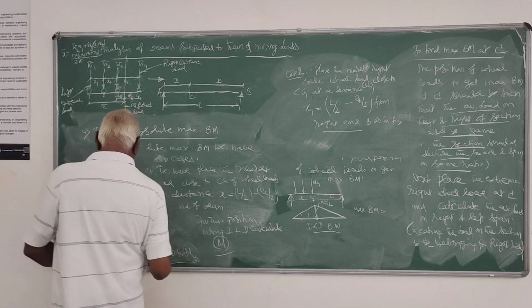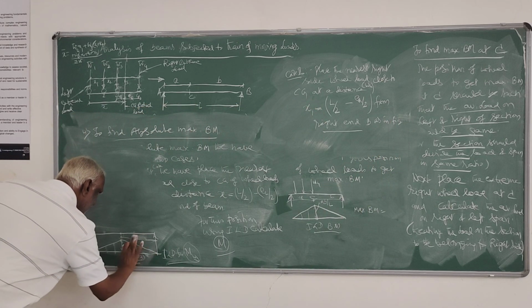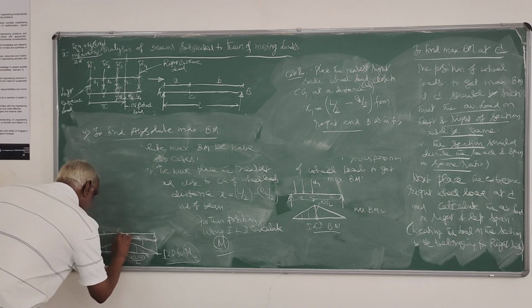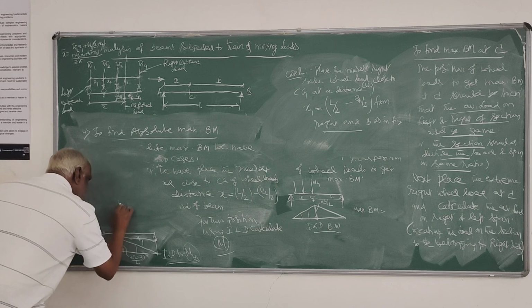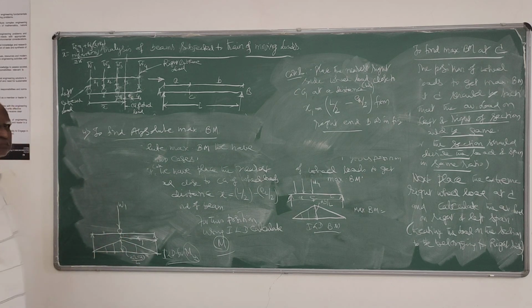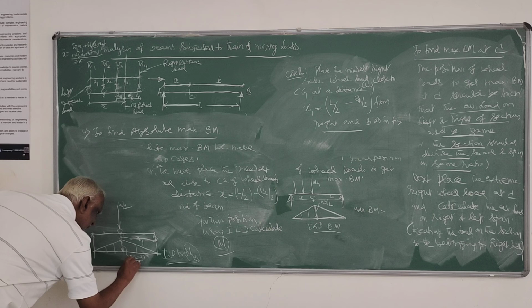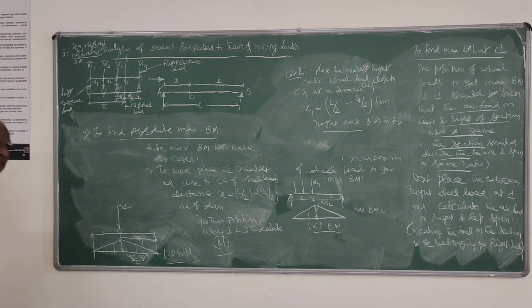So in that figure, this will be your x1, this is W4. So here it will be x1 into L minus x1 divided by L.